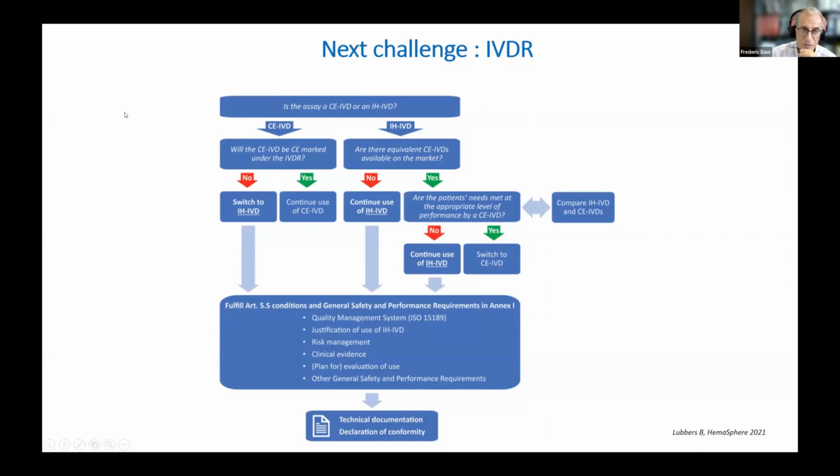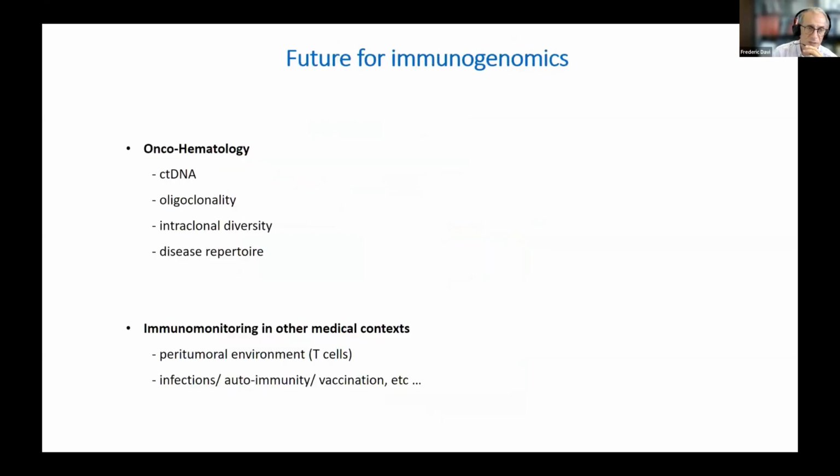Of course this will be very expensive, especially because industry will have to charge more than for research-use-only kits, and even more than for the CE-IVD kits we use in Europe. So this is a complex situation, but I'm sure it will be discussed later on.